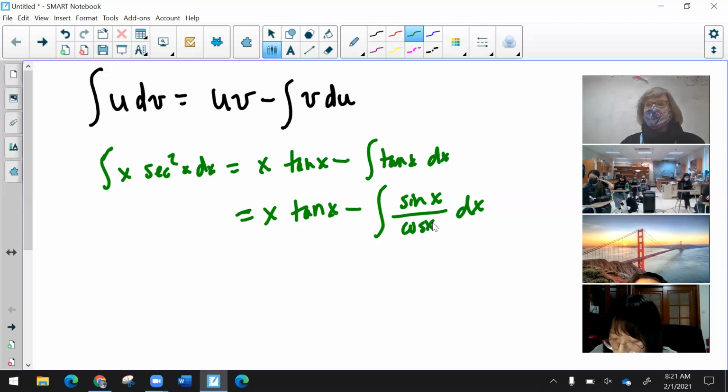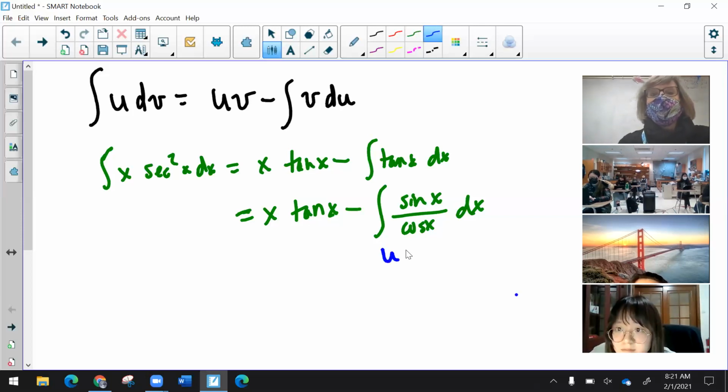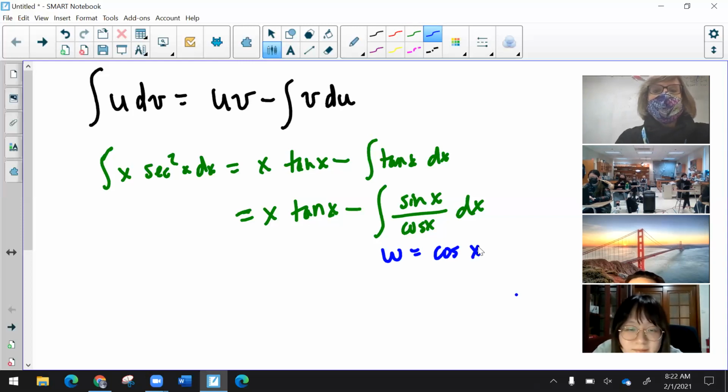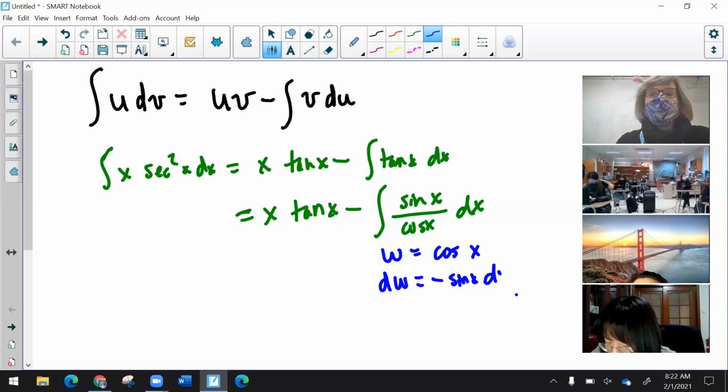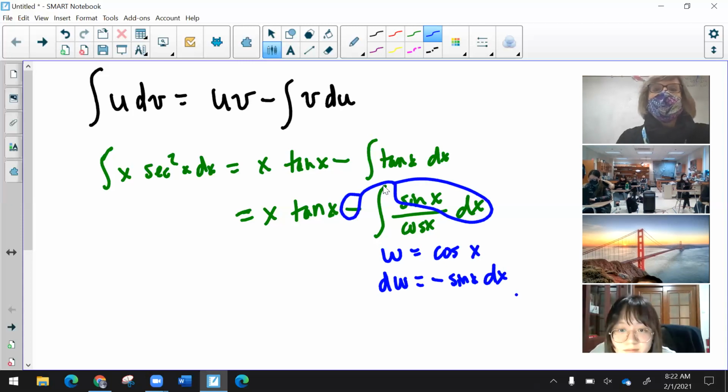The denominator. So I'm going to call this, just because I think it makes life a little simpler, a w substitution because I've already used x. Okay? So if I let w be cosine x, then what would dw be? Negative sine x dx, which happens to be exactly what I have.